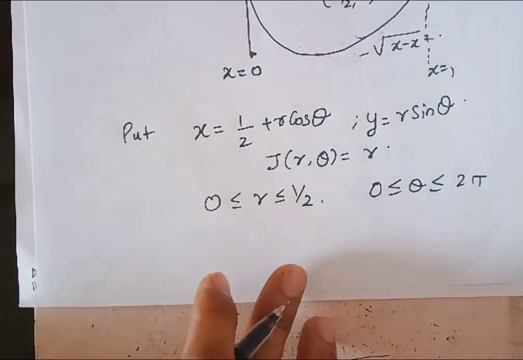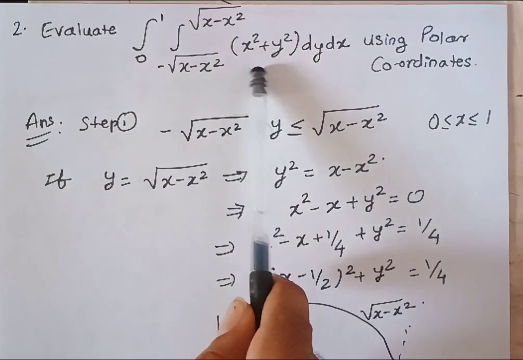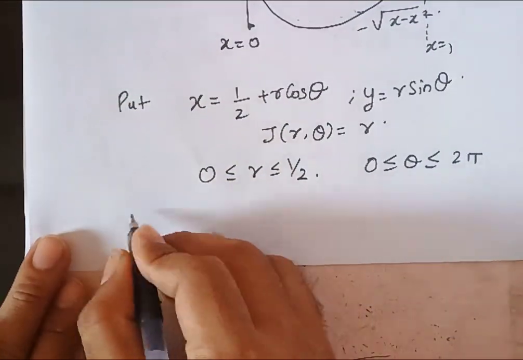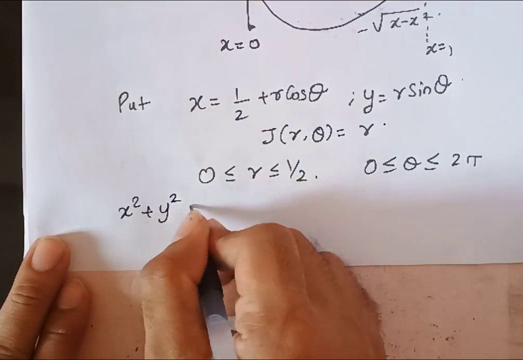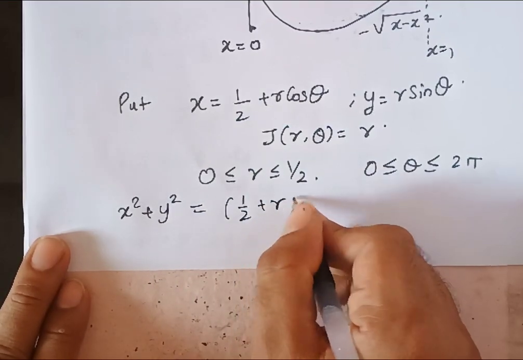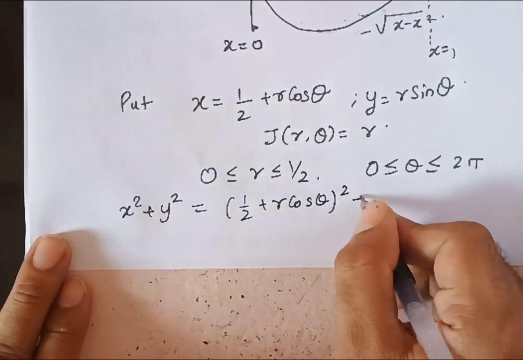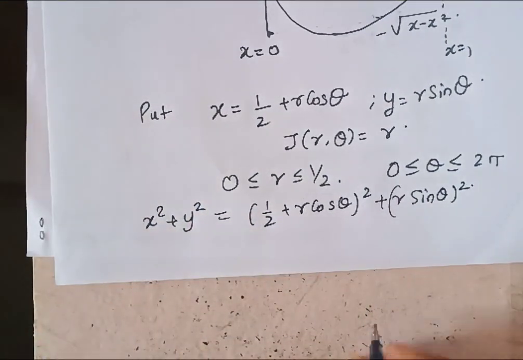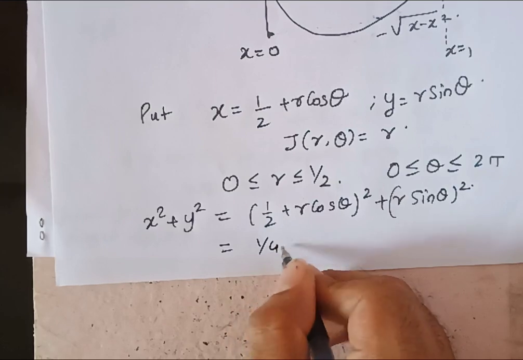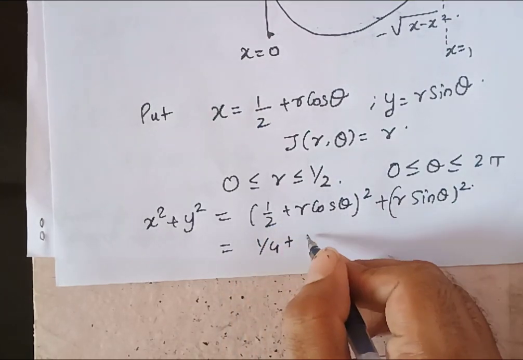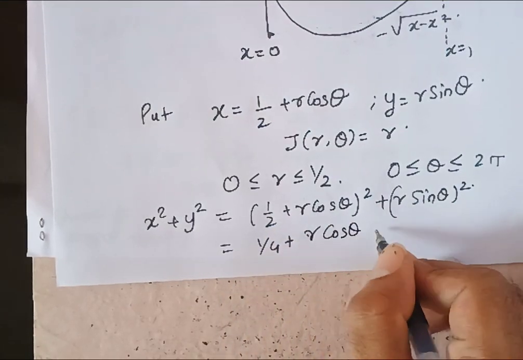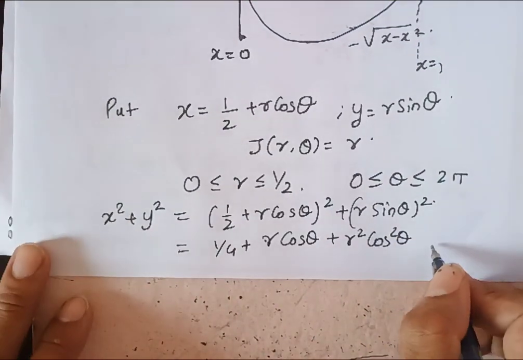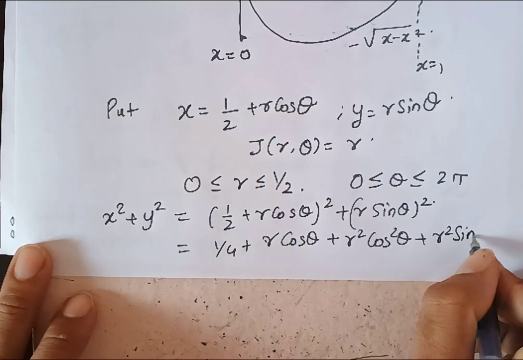And we need to integrate x square plus y square, so I'll find that first. What is x square plus y square? It will be (1 by 2 plus r cos theta) square plus (r sin theta) square. If I expand this, it will be 1 by 4 plus 2 gets cancelled, so r cos theta, plus r square cos square theta plus r square sin square theta.